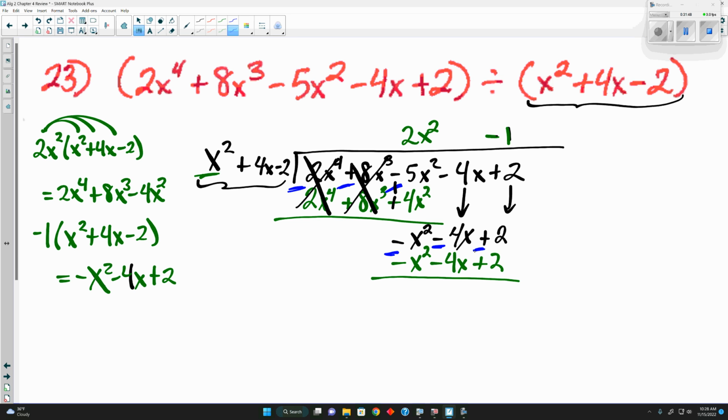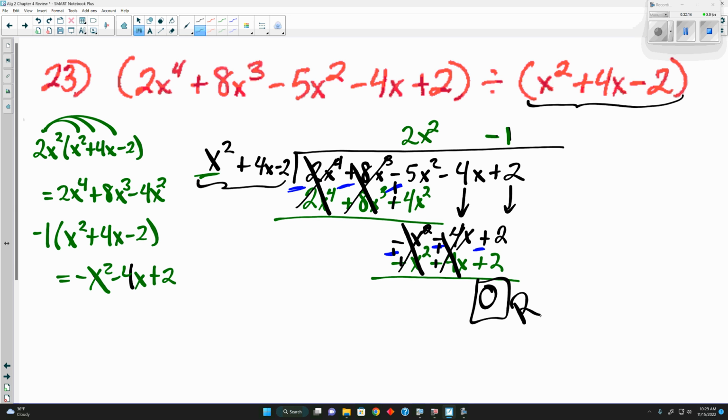And we're going to subtract. Well, negative x squared minus negative x squared, well, the negative and negative make a plus. Negative x squared plus x squared is 0. Negative 4x minus negative 4x. Negative make a plus, so negative 4x plus 4x is 0. And lastly, 2 minus 2 is 0.